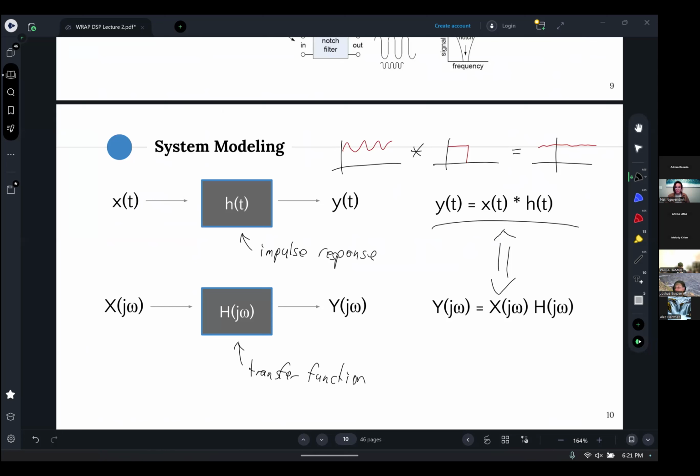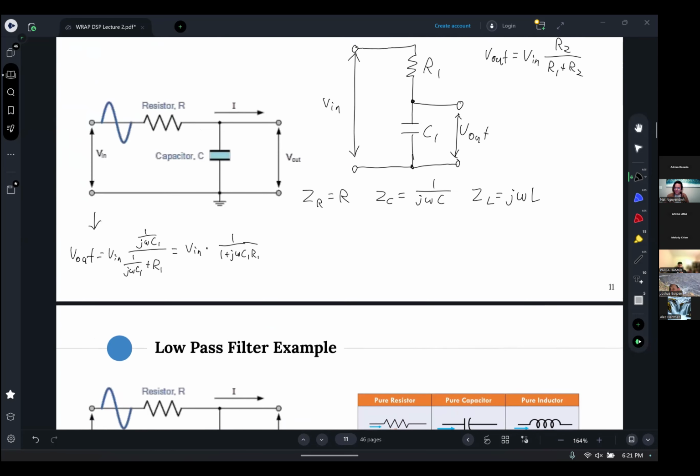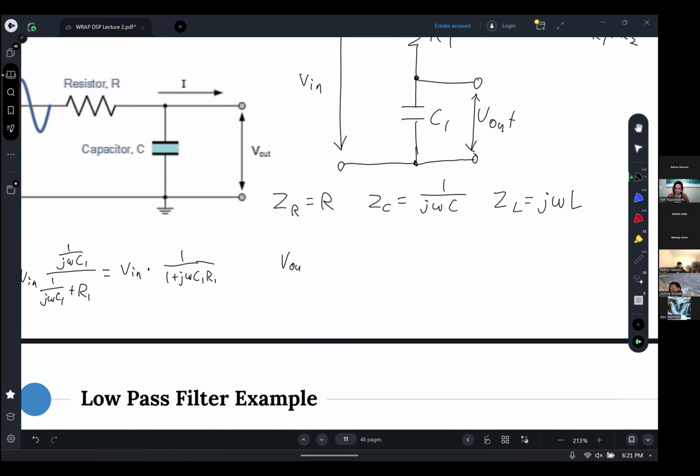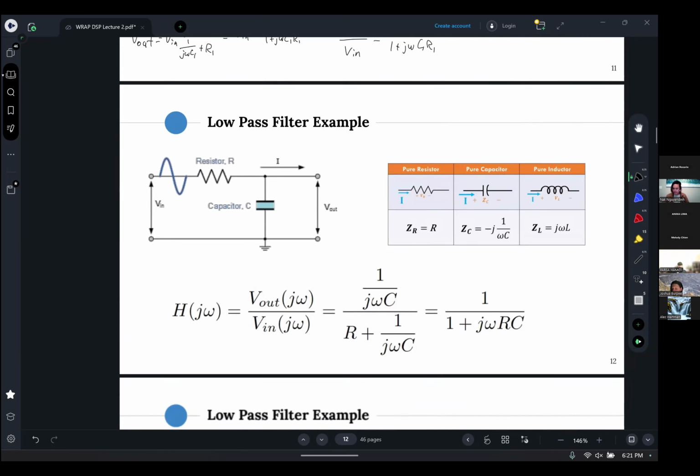We have this relationship between the input and the output, and this is going to be the transfer function. So if I put V out over V in here, we're going to get 1 over 1 plus j omega RC. Did I get that right?